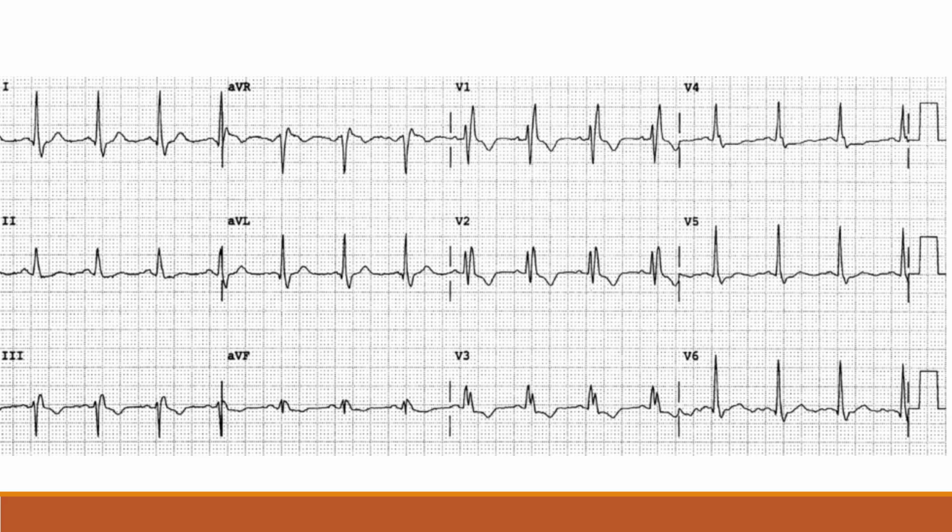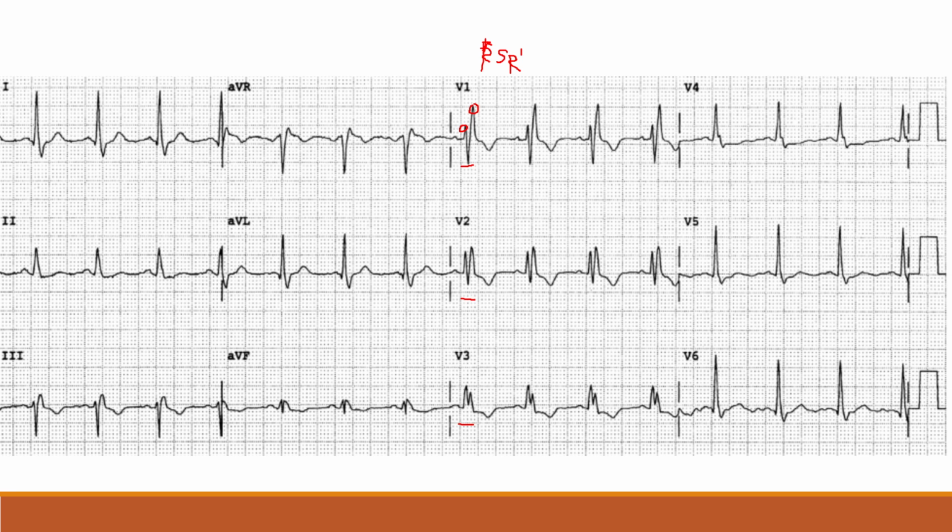So now we have an ECG here, and at first glance, you can already see from V1 to V2 to V3 we have so-called rabbit ears here. A rabbit ear is an RSR pattern, which means we have a double R here.